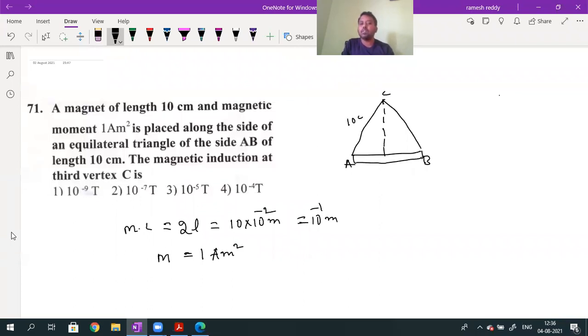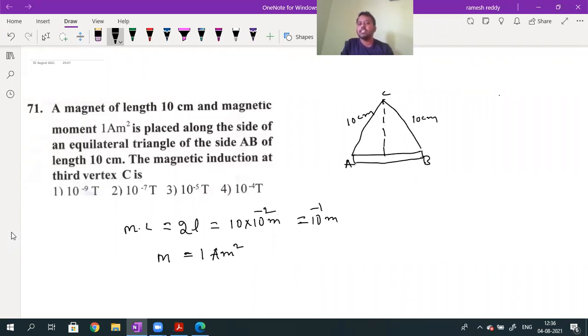So this value also equal to 10 centimeters, and this value also equal to 10 centimeters. Now I want to calculate magnetic field induction at this third vertex. Third vertex is lying on the equatorial line.